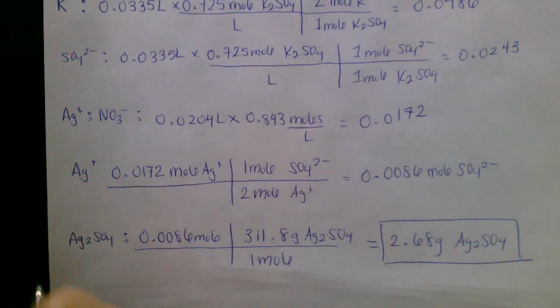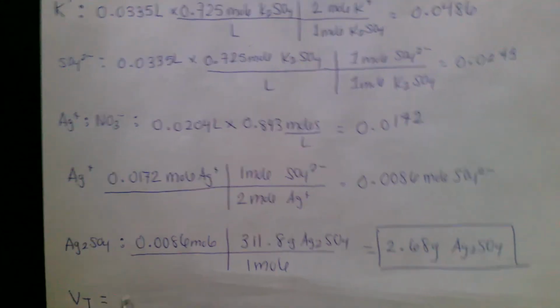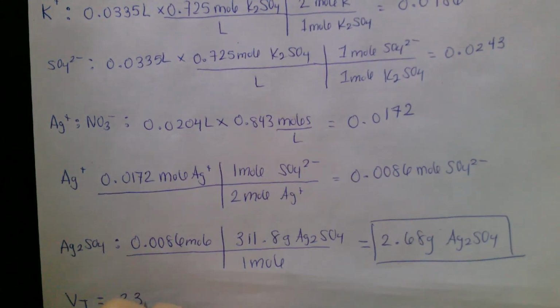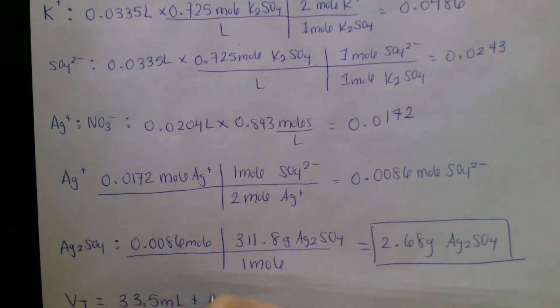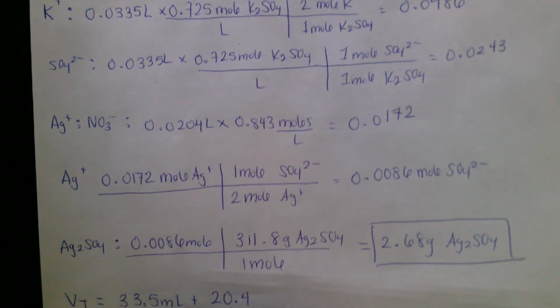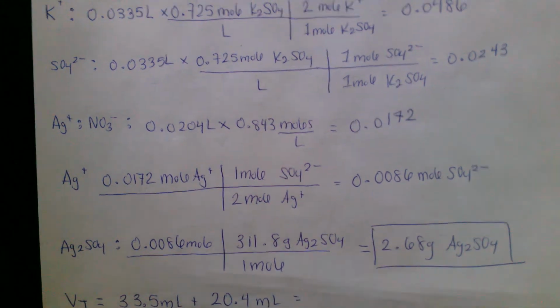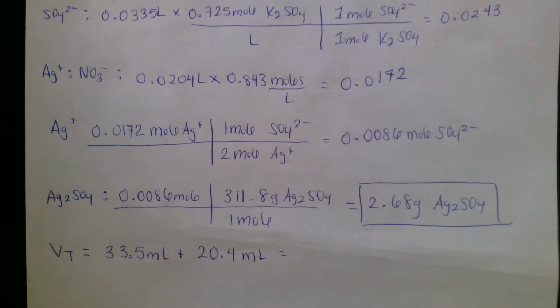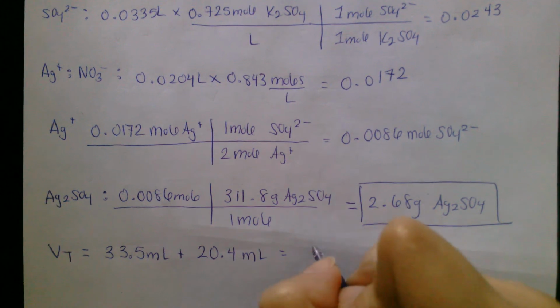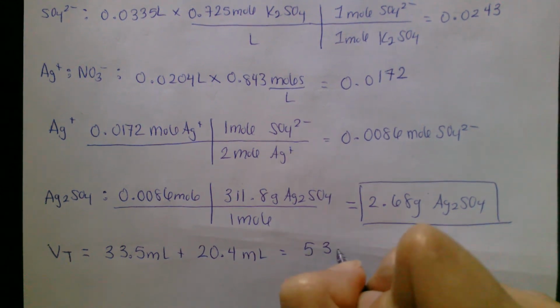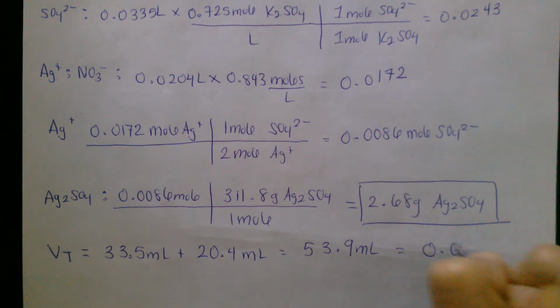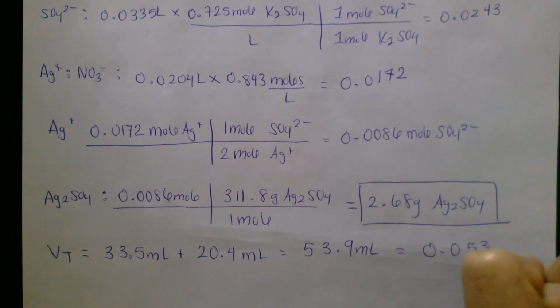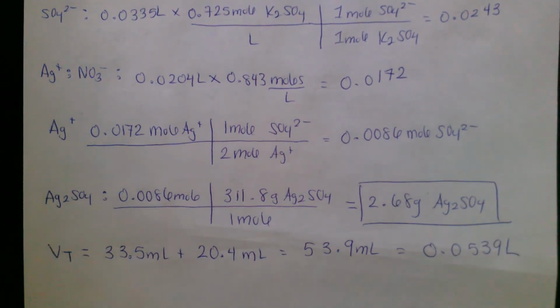Okay, so first thing we want to determine our total volume. So after we mix, we have the 33.5 milliliters that we add to the 20.4 milliliters to form that precipitate. So we have a grand total of 53.9 milliliters, which is 0.0539 liters.